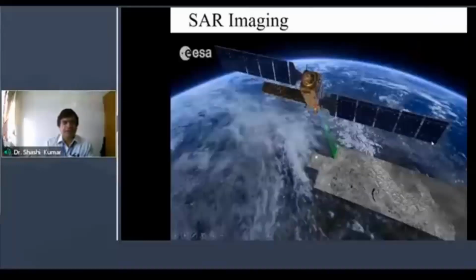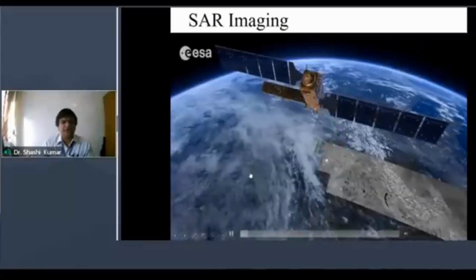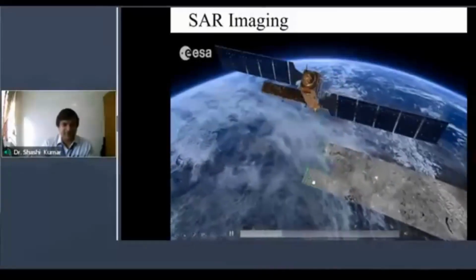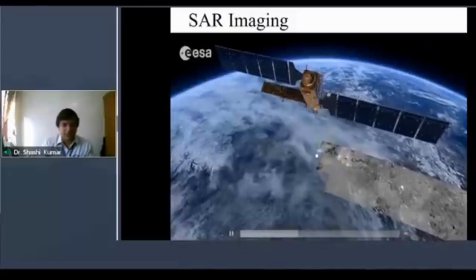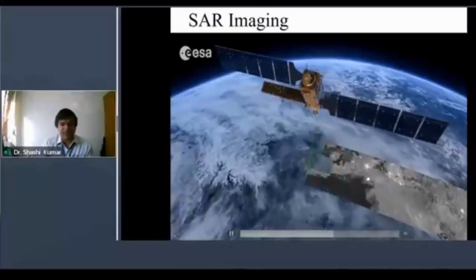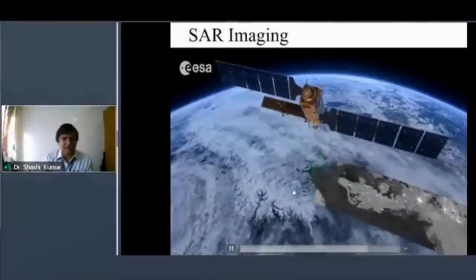Now this is an animation developed by the European Space Agency to show the imaging of a synthetic aperture radar sensor. Here one can see that the SAR sensor is transmitting electromagnetic pulses. It is able to penetrate the cloud cover and provide information about Earth objects. Cities, soil, as well as water bodies can be easily detected.